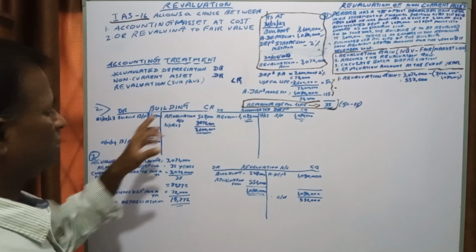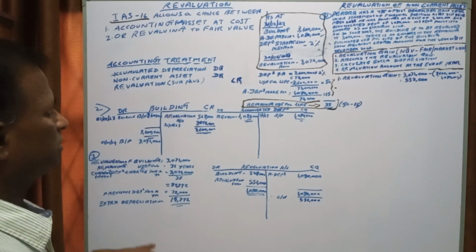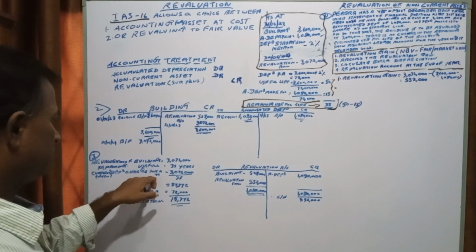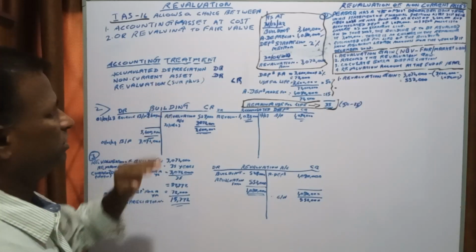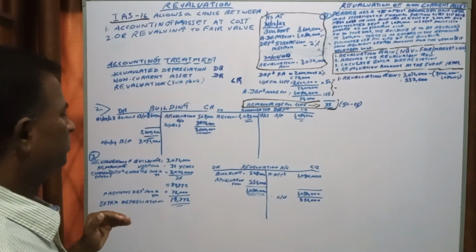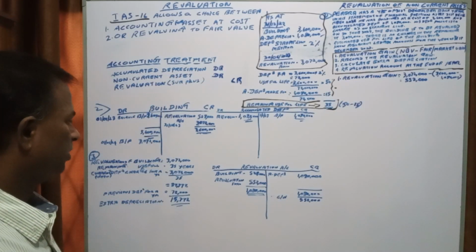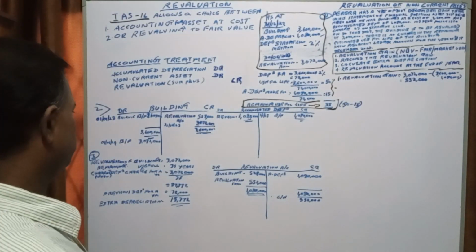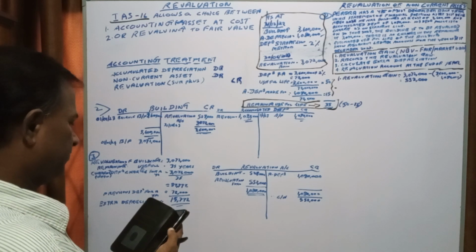So earlier the 2% calculation was done, but they are giving that there is a shift in the depreciation policy. So from the 2% we are going to have a new percentage.